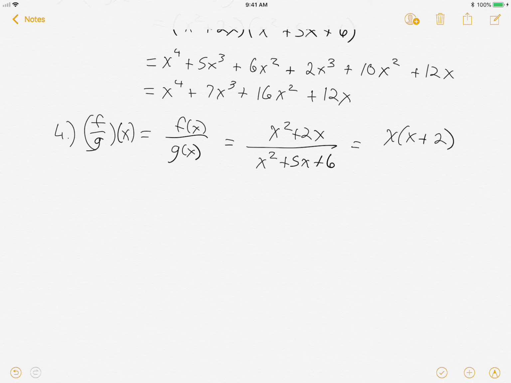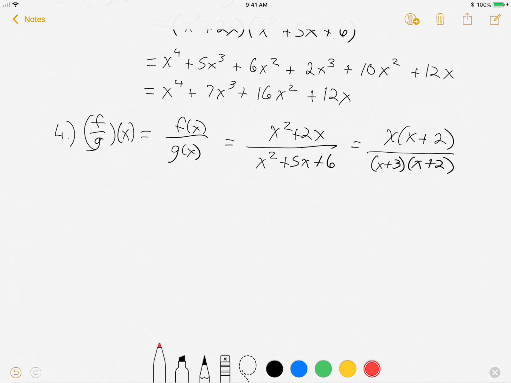And I get that. The bottom part factors into x plus 3, x plus 2. You can see that the x plus 2's cancel. And I'm left with x over x plus 3.